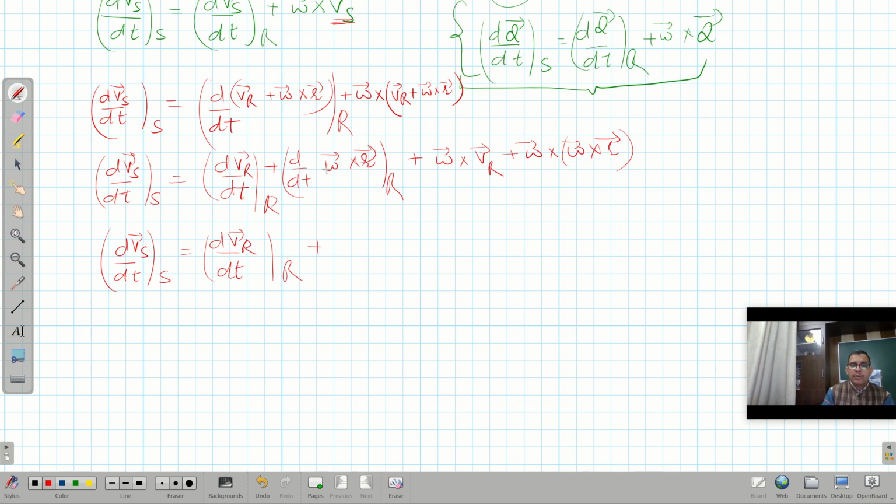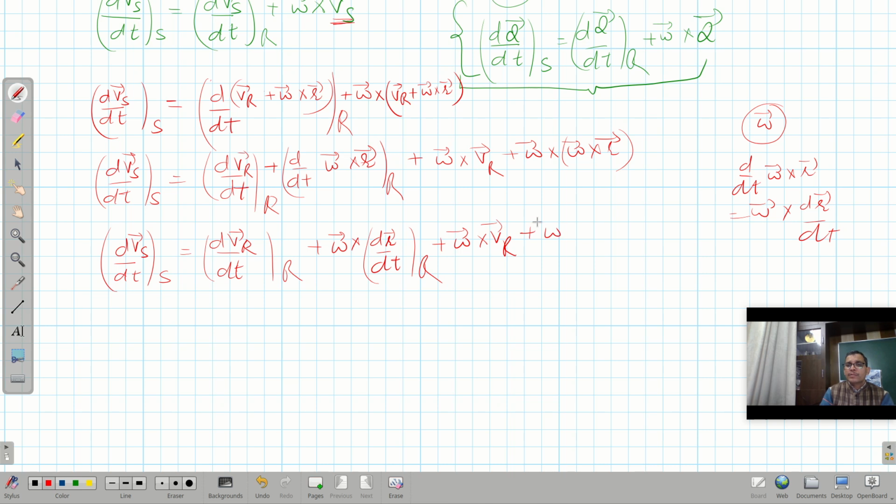plus, since omega is a constant because it is uniform angular velocity, d upon dt of omega cross r can be written as omega cross dr by dt. So therefore I can write it as omega cross dr over dt in the R frame plus omega cross vr plus omega cross r.